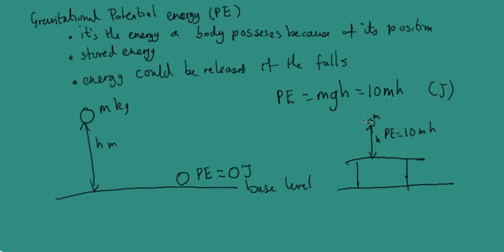If the height down to the ground, we'll call it big H, that's going to be different, but the potential energy that ball has isn't 10 times the mass times big H, because the ball isn't falling to the ground, it's just going to fall onto the tabletop. So that's what we mean by this base level, and defining what we mean by the height. It's not always necessarily the ground, so you need to be aware of that and make sure you're defining your height accordingly.